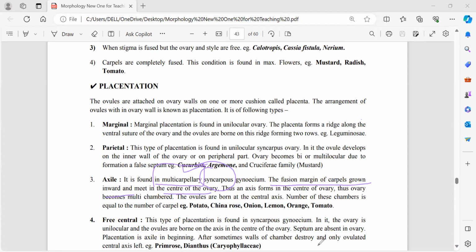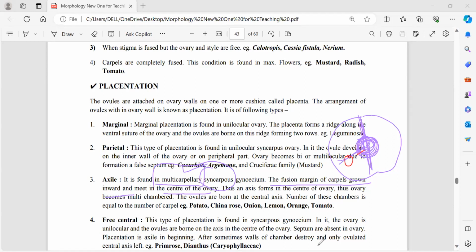For example, in a bicarpellary ovary the margins fuse and grow towards the center, and in the center this forms the central portion, and on that central axis the ovules are borne.